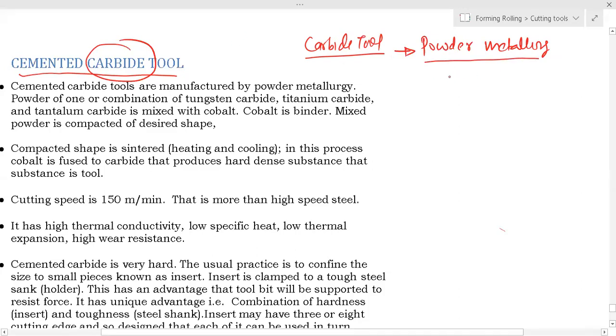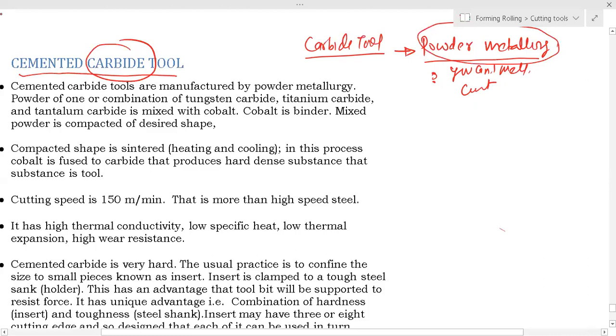The powder metallurgy process has some very good advantages. Sometimes you cannot melt some materials, or you cannot cut them because of their hardness, so you use this technique. I will send you notes also.